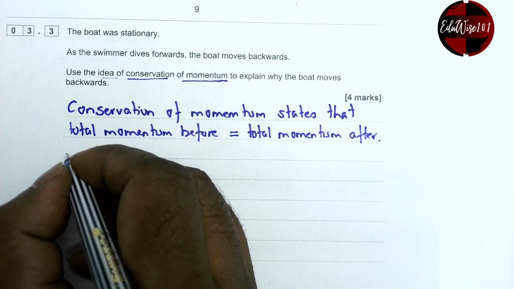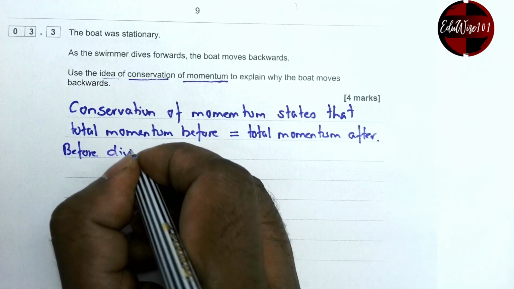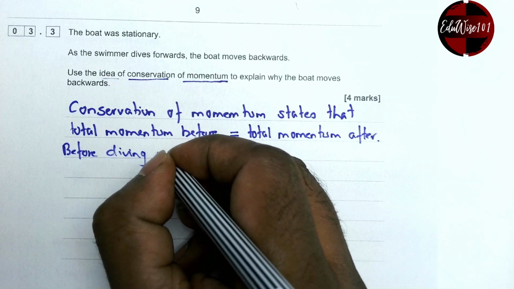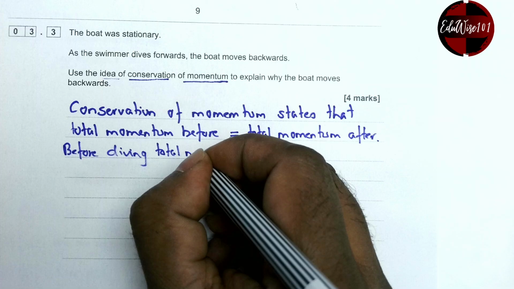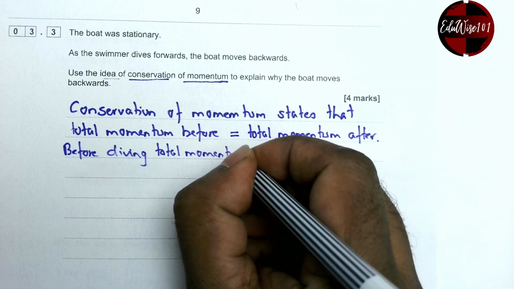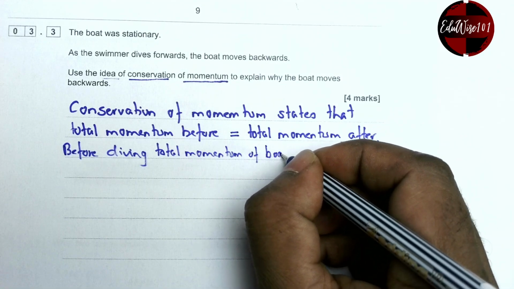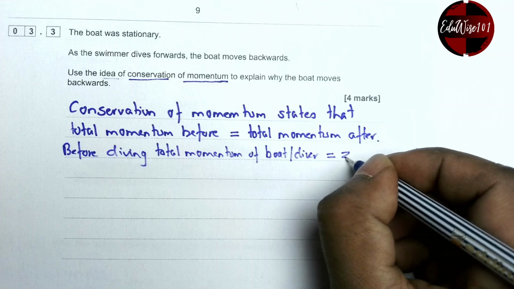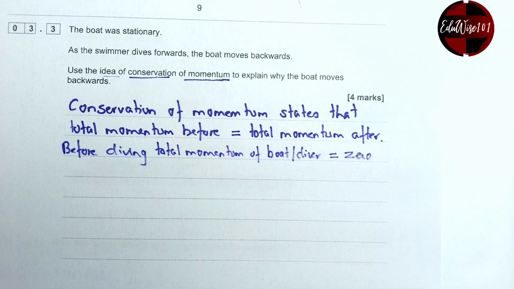Before diving, the total momentum of the boat and diver equals 0. Why is that? Because it's not moving.